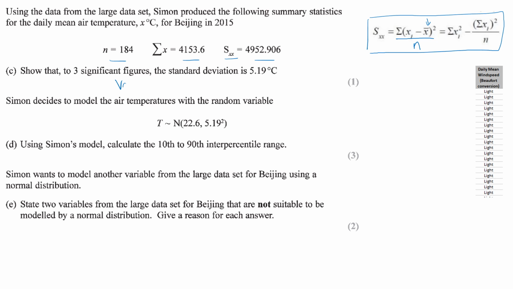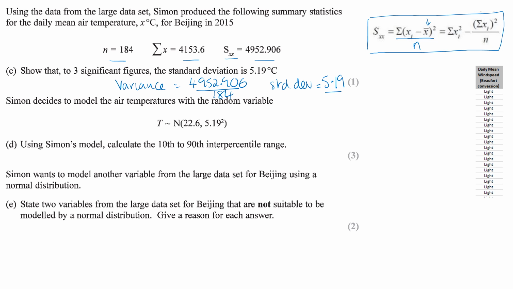So here the variance is going to be that Sxx quantity 4952.906 divided by our n, which is 184, and then the standard deviation will be the square root of that, and if you do that in your calculator it does come out to be the 5.19.